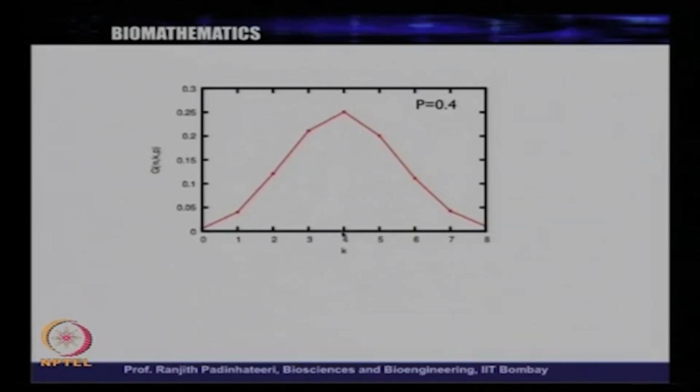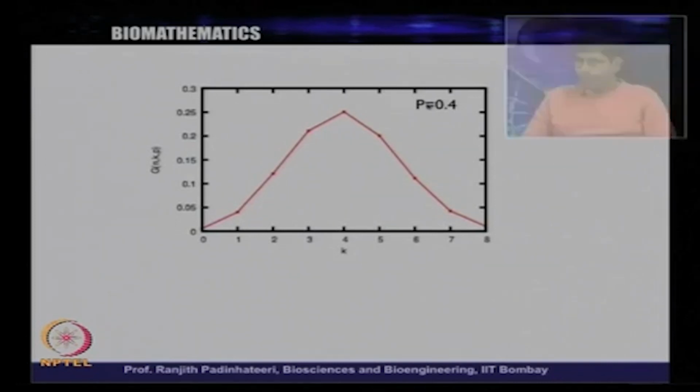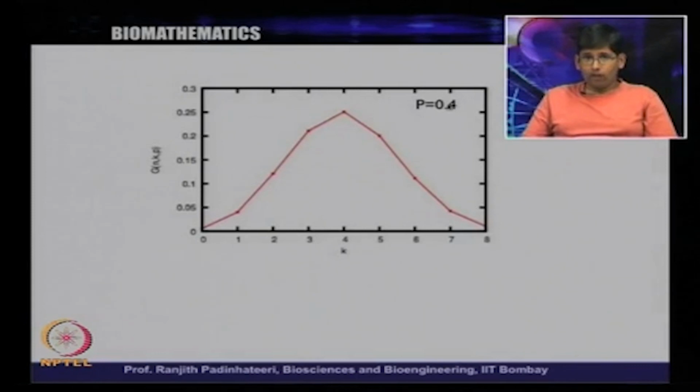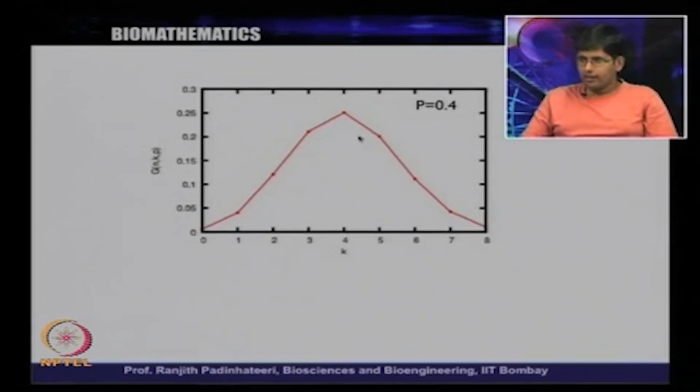The first p was 0.4. What does it mean? Out of 10, 4 of them have allele red, and in the next generation, the probability of again having 4 with allele red is very high. The probability of everybody, all 10, having allele red is very small, near 0.